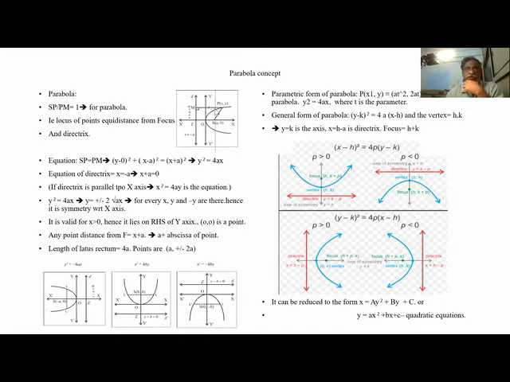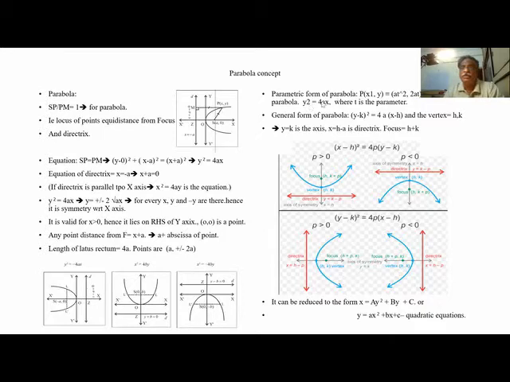So this distance is 2a and this is minus 2a. Total distance is 4a. The length of the latus rectum is 4a. This point is a comma 2a, and this is a comma minus 2a. So that way it is applicable to all four.